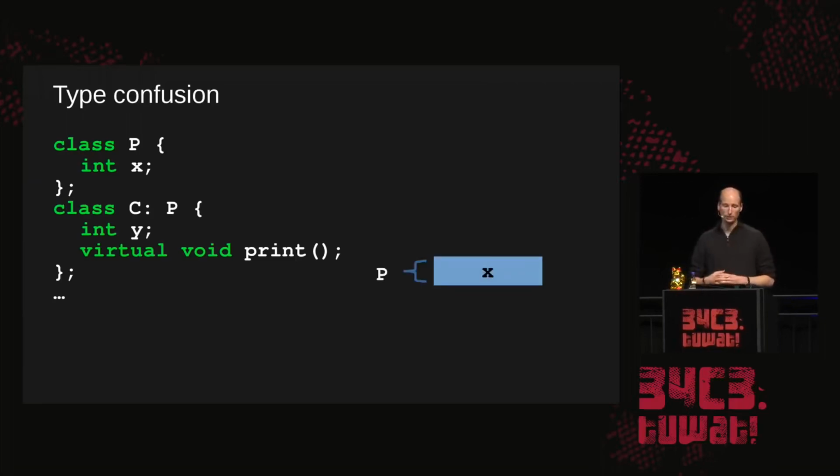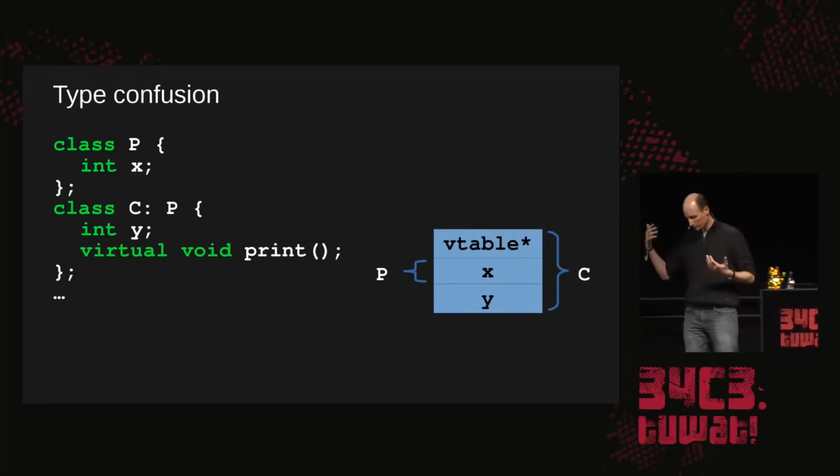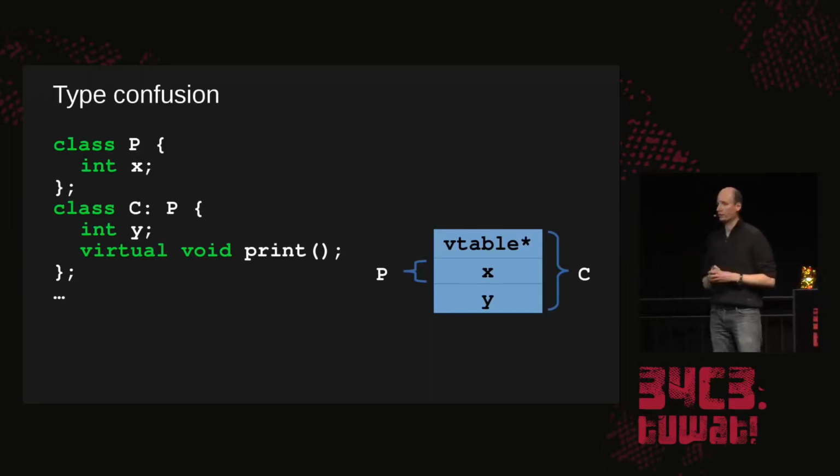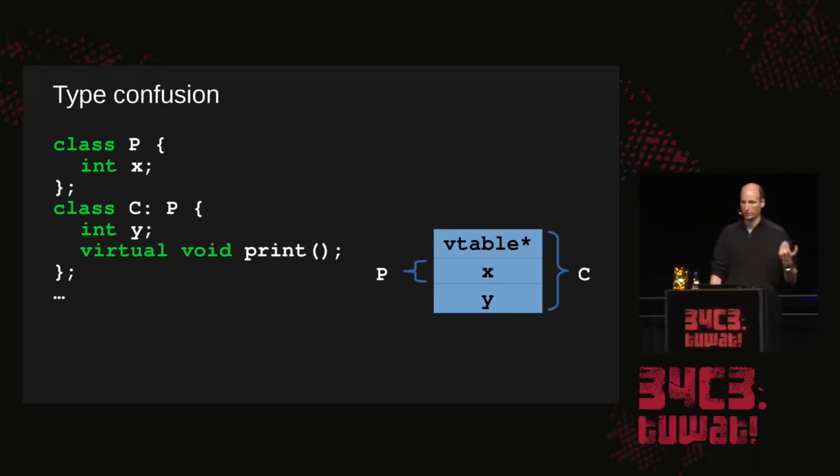Now, if we allocate a P object, we only allocate the 4 bytes that are being used for the integer. If we allocate a C type object, we have the vtable pointer that points to the actual location that contains all the code pointers. We have the X integer and we have the Y integer that can all be used.